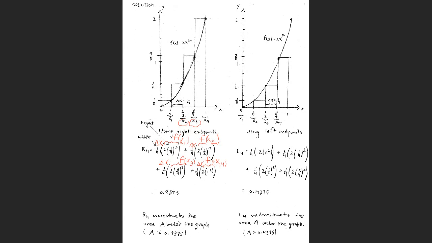So what I'm showing you in this second example is it's nothing different than what you did in the first example. When you have the area of a rectangle, it's always going to be delta x times a function evaluated at some x value.